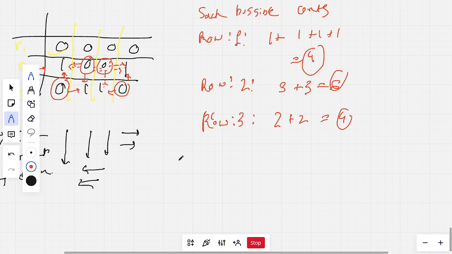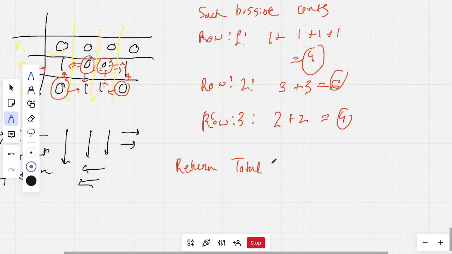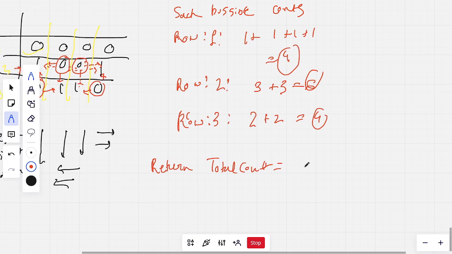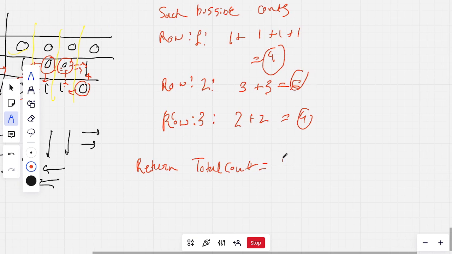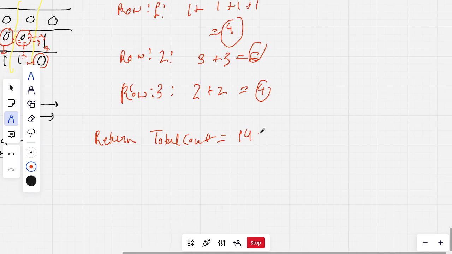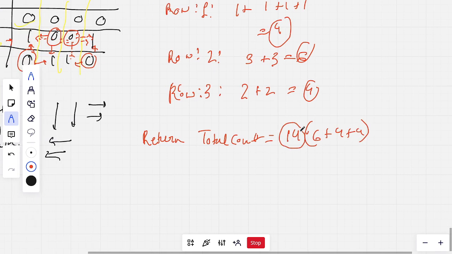Now what I have to return is the total count. In this case, the total count is 14. How? 6, 4 and 4. So you can write it like this: 6 plus 4 plus 4. Okay, so this is what we have to return.